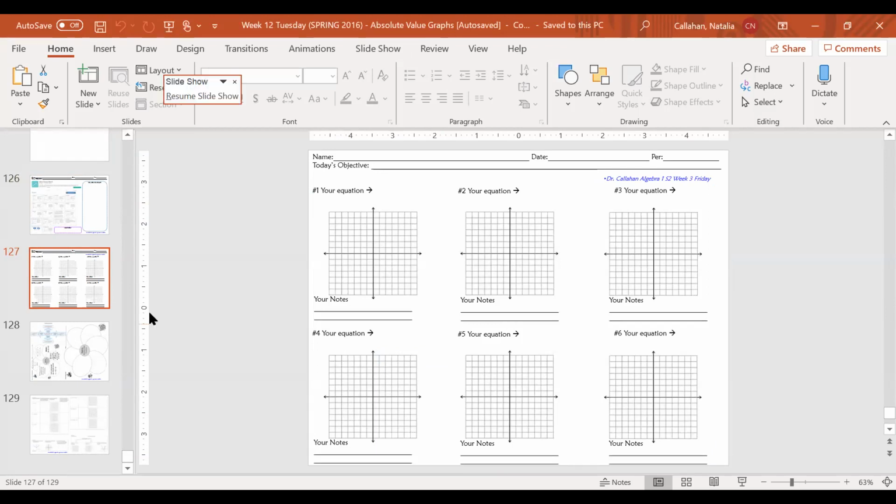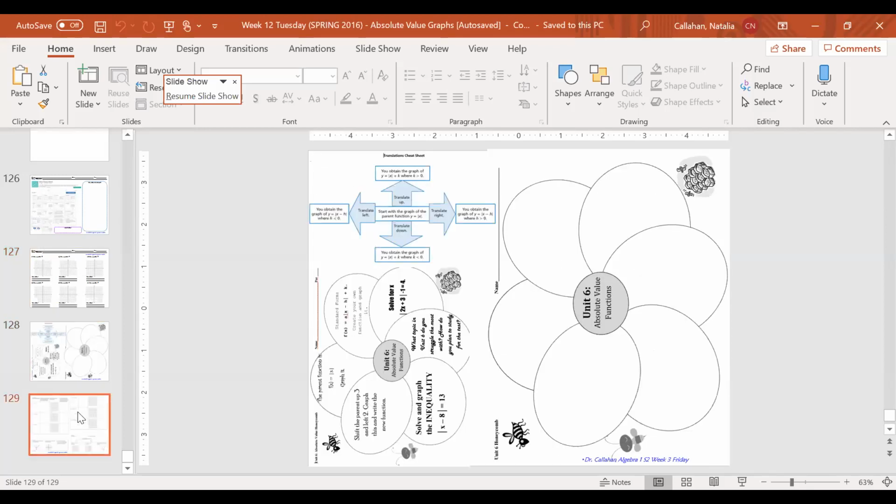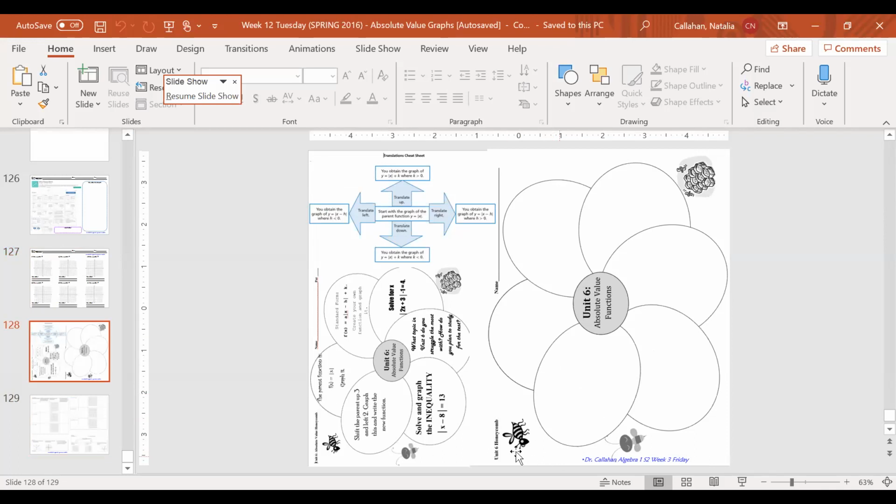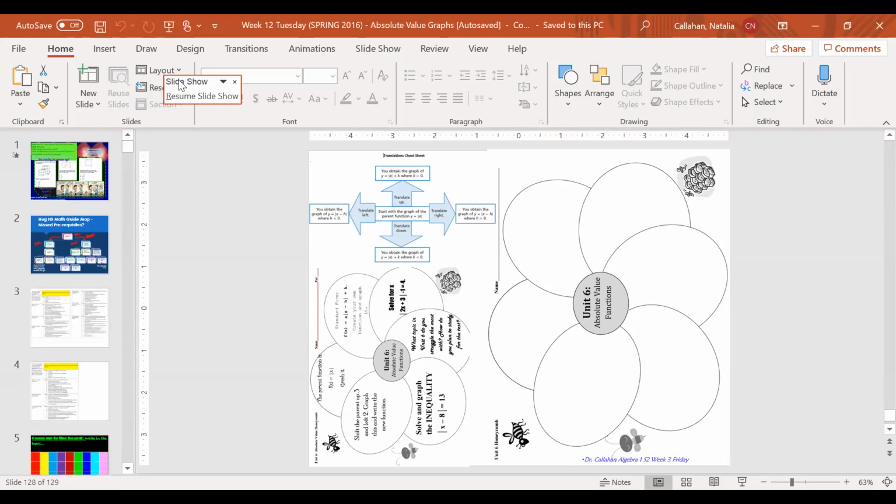That's the first one. This is our notes. We're going to go over 6 different equations. And then the second one is going to be right over here. All right, so with that said, let's go ahead and proceed forward and get started with today's lesson.